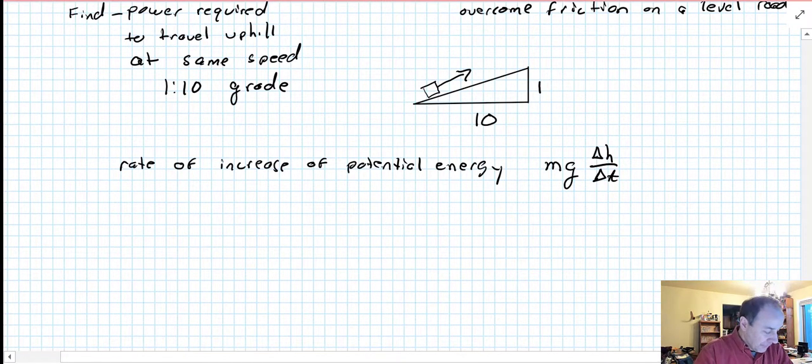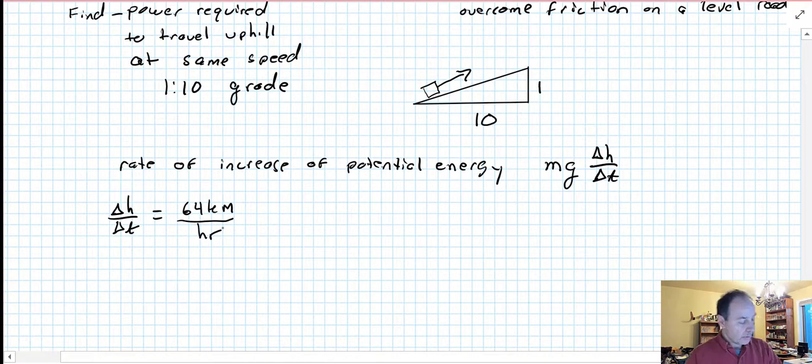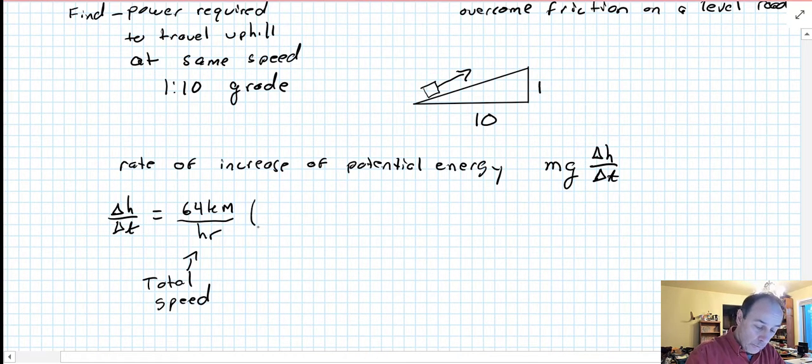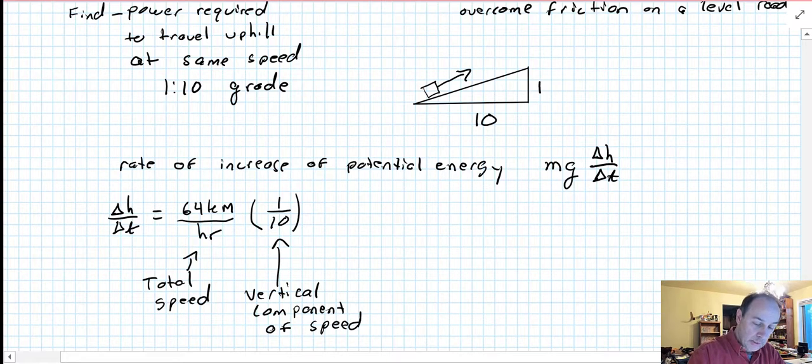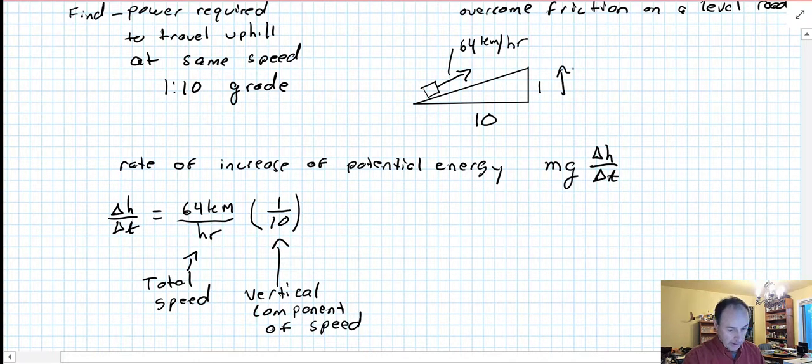So that quantity is the speed, 64 kilometers per hour. This is the total speed, but it's on an incline, so I'm going to multiply that by 1/10 because this is the vertical component of the speed. That's what we're interested in, because that's going to be the only difference.